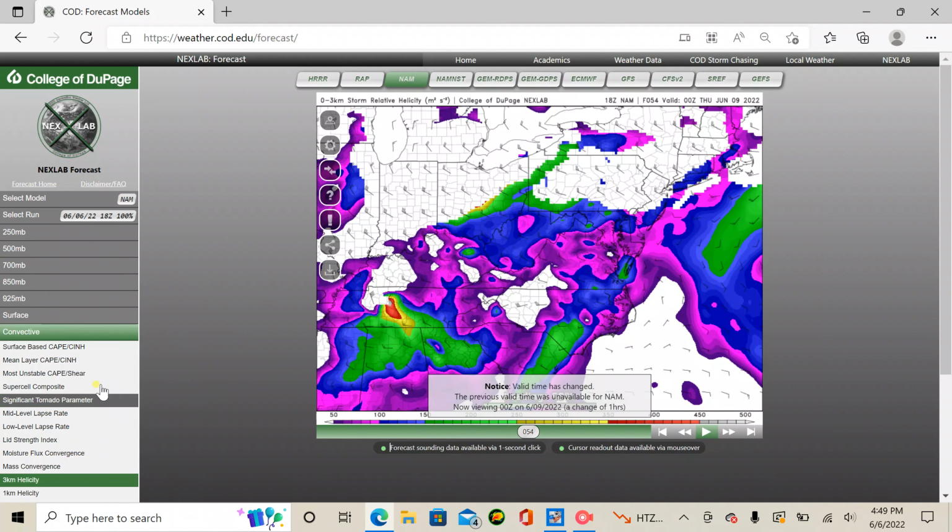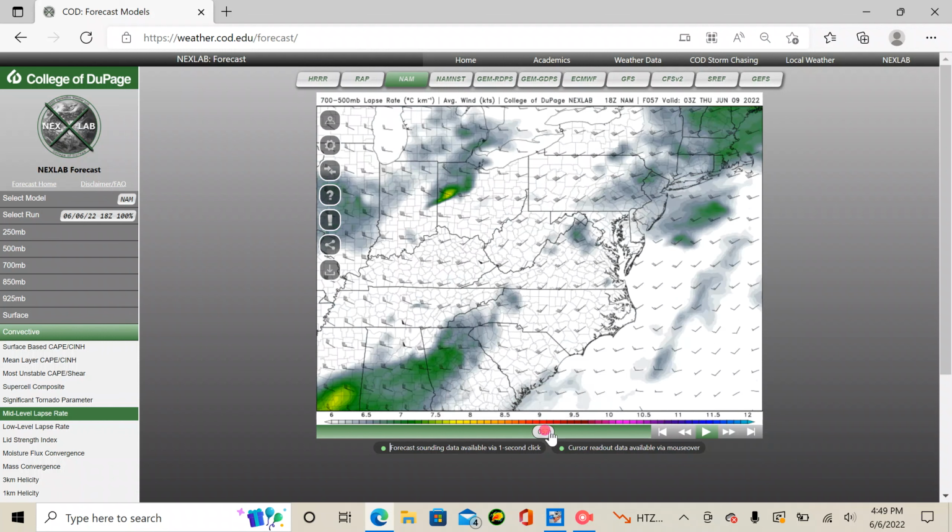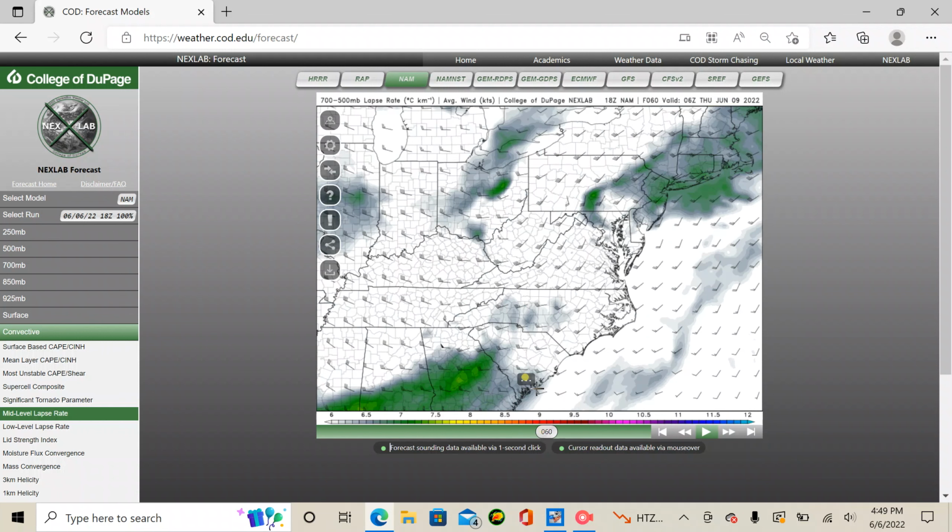And another one which the NAM-NEST doesn't have, but is on the NAM, is mid-level lapse rates. Mid-level lapse rates are the rate of cooling as you go up into the atmosphere. It's the rate of cooling per kilometer. For example, here it is 7.4 Celsius per kilometer as you go up into the atmosphere.